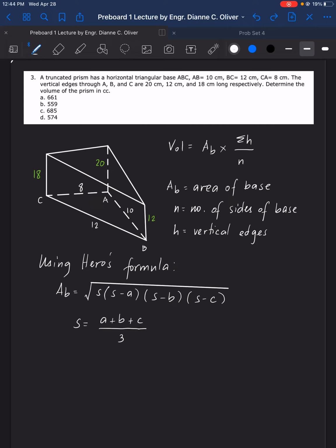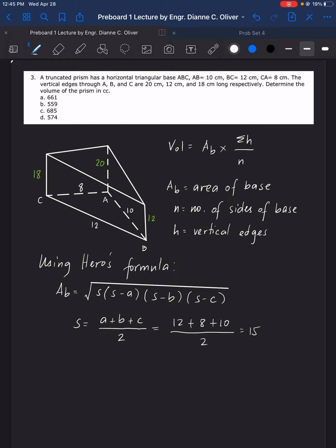So for s, let's put it here: s is equal to 12 plus 8 plus 10 divided by 2, sorry. So that is 12 plus 10, that is 22, plus 8, that is 30, divided by 2, that is 15.